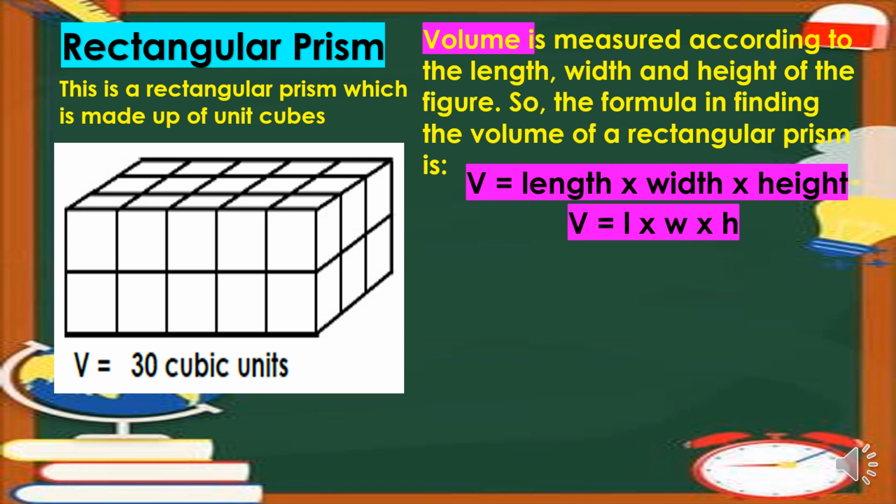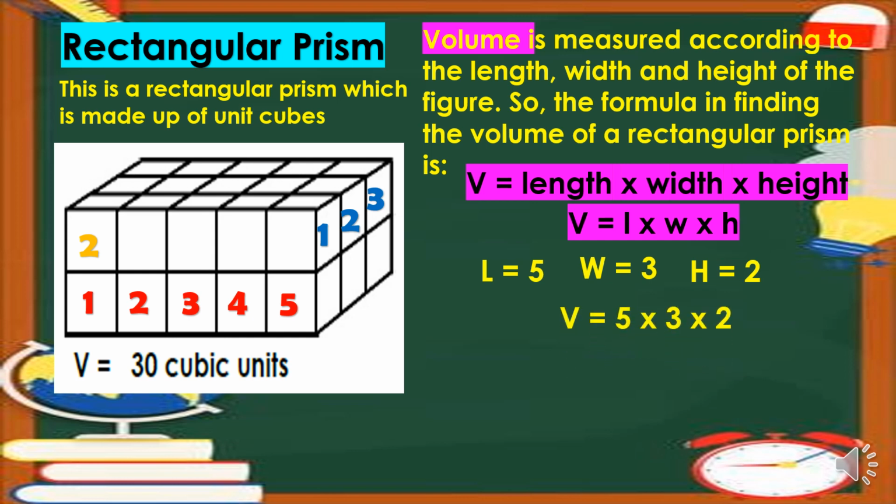In this figure, the length has 5 units: 1, 2, 3, 4, and then 5 units. And the width has 3: 1, 2, and then 3. And the height of this figure has 2 units: 1 and 2.